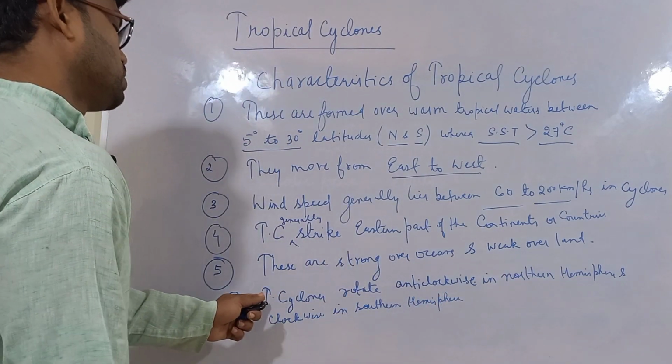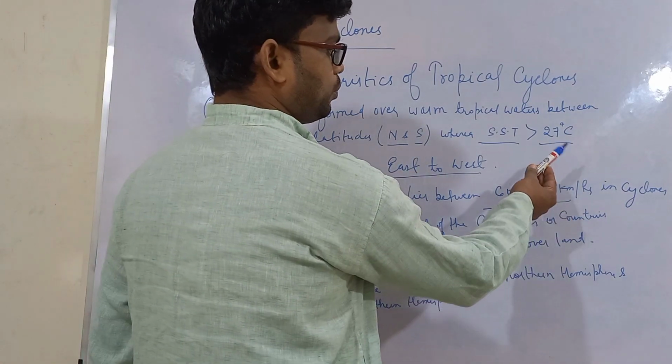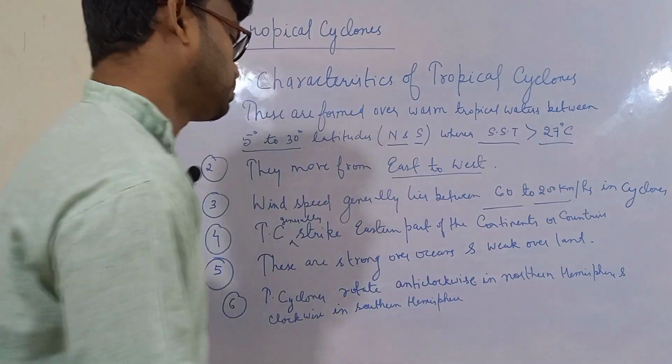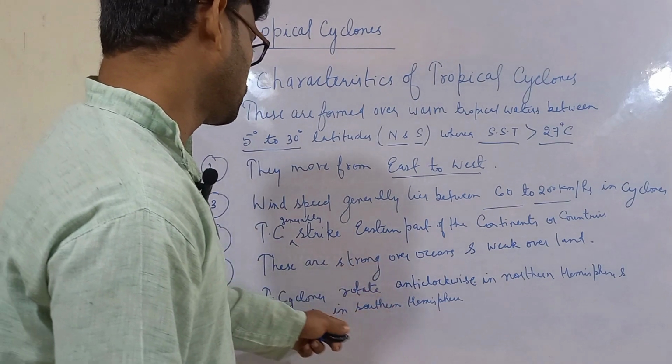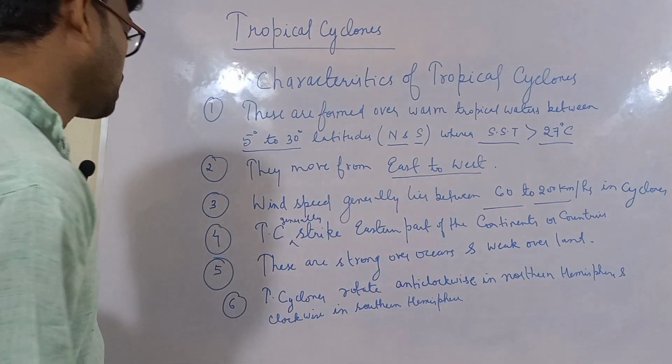So do remember this, tropical cyclones rotate anti-clockwise in the northern hemisphere. Northern hemisphere means 0 to 90 degree north latitude, and they rotate clockwise in the southern hemisphere. This is the sixth characteristic.